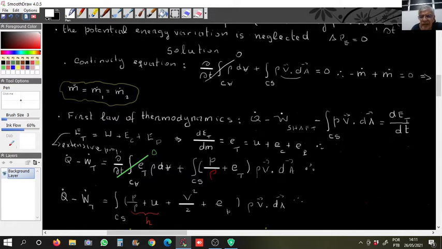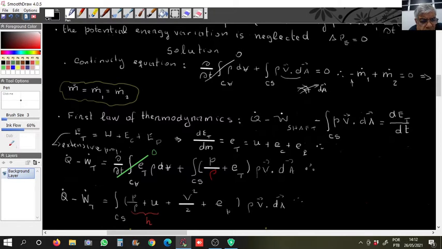The sign of rho v dot dA at the entrance is minus, so we put minus m dot 1, and plus m dot 2 at the exit, because the dot product at the exit is positive, because the angle between the vector v and the vector dA, which always points out of the surface, is small. Now minus m dot 1 plus m dot 2 is equal to 0, which implies that m dot 1 is equal to m dot 2.